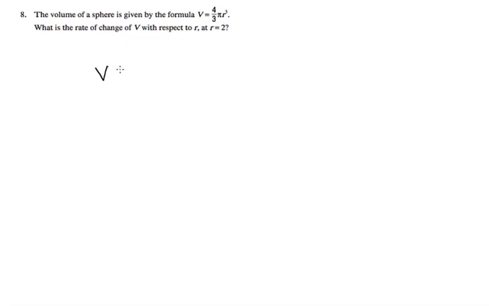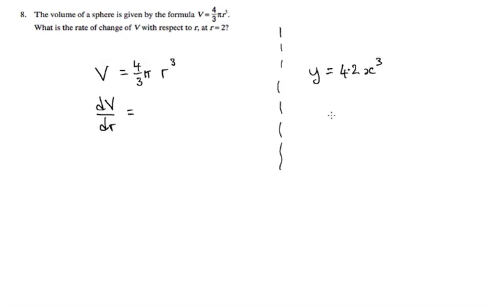Okay, so v equals 4/3 of pi, just a single number, times r cubed. dv by dr equals, and remember from my explanation a minute ago, it could be something like this, where we would have dy by dx equals 12.6x squared.